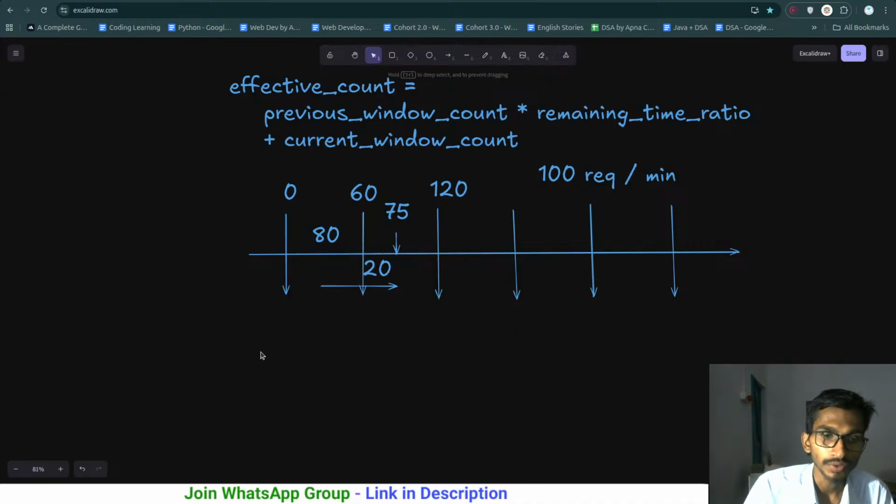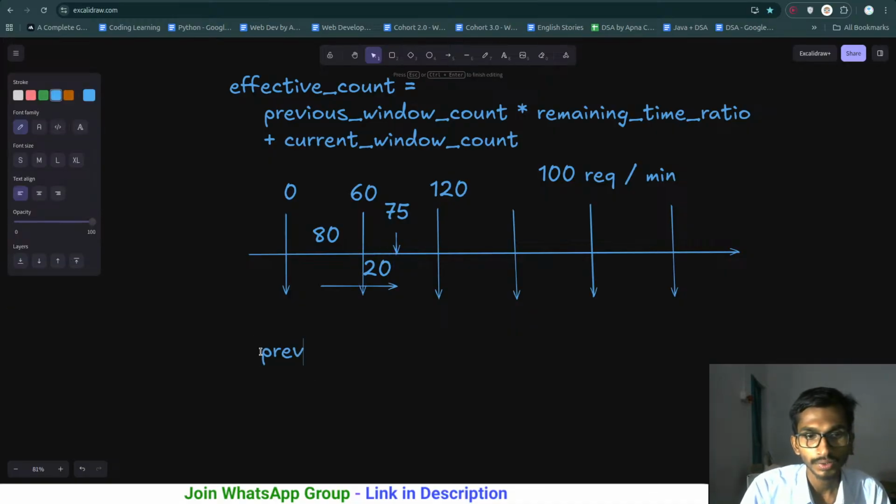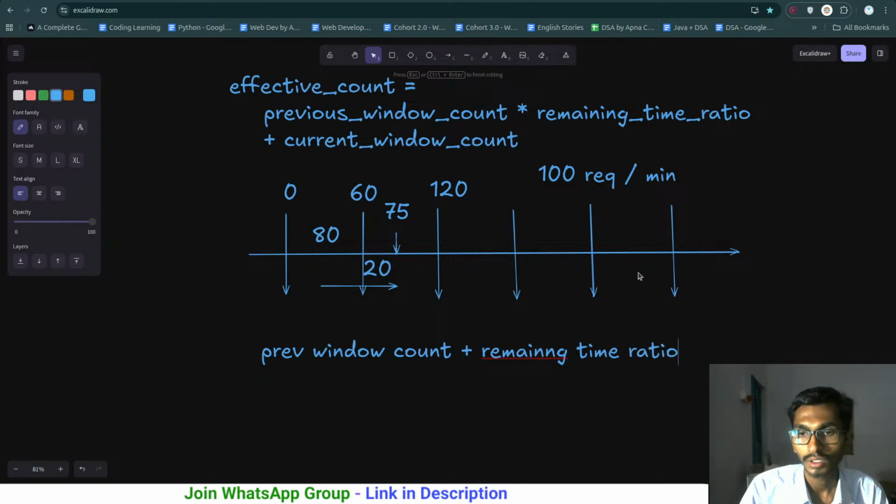We need a few things: previous window count plus the percentage ratio. Ultimately, what is this percentage? The remaining time ratio, remaining time percentage or ratio, call it anything, plus the current time requests.